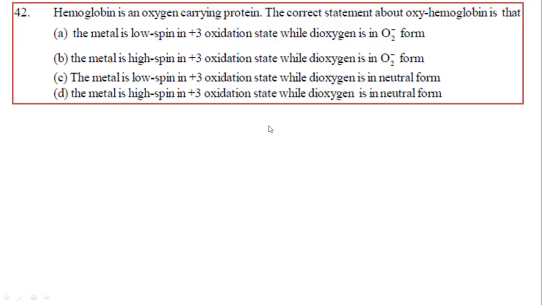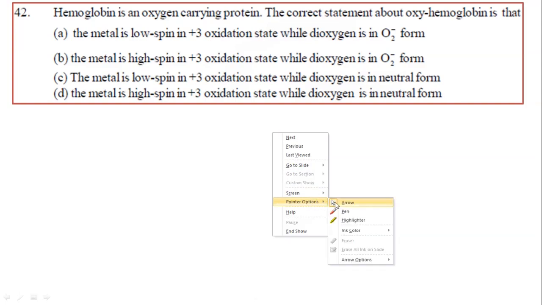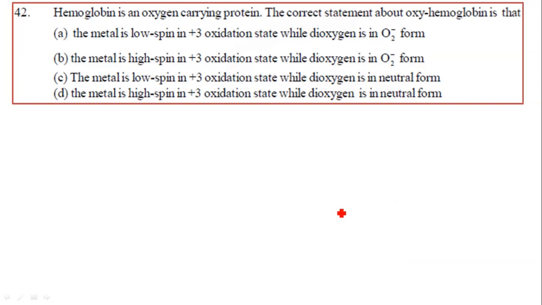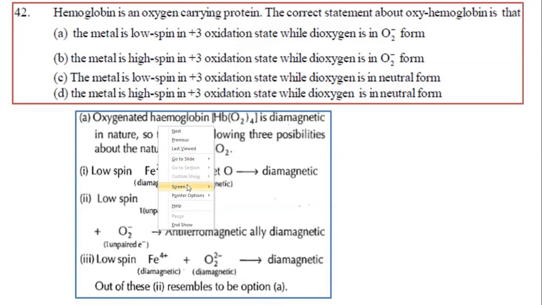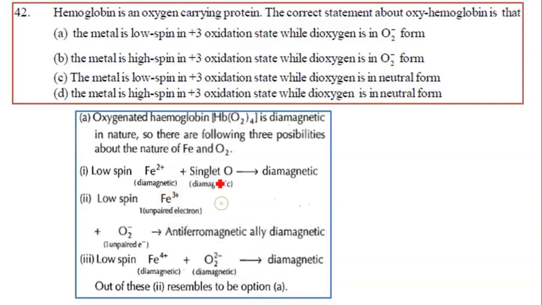So what is the answer? Here you see oxygenated hemoglobin. Oxygenated hemoglobin is diamagnetic in nature. So there are the following possibilities. First, low spin diamagnetic with single oxygen binding.